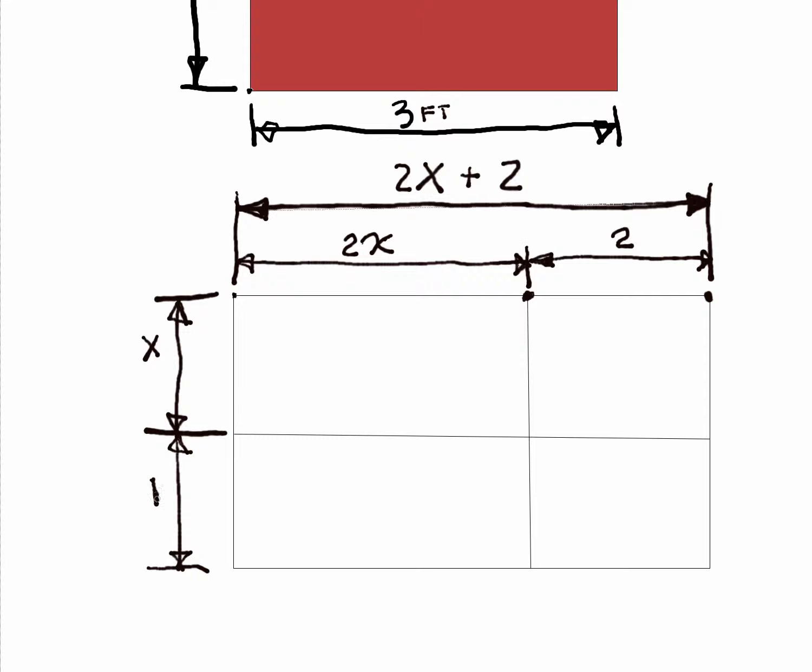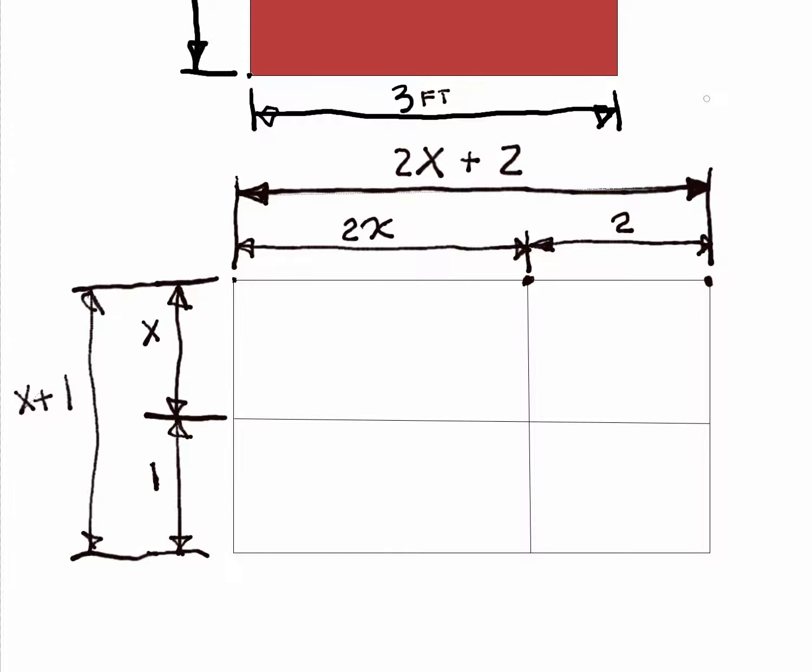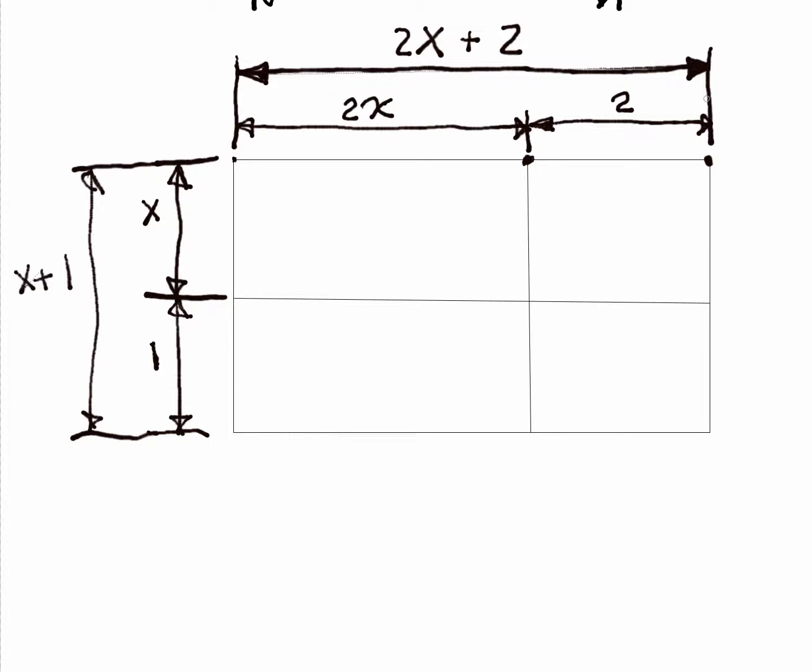Okay? Then we know that when we add those two together, we get the length of this line right here. So this has length x plus 1. Now, what I'm going to do is show you a way of finding the following.